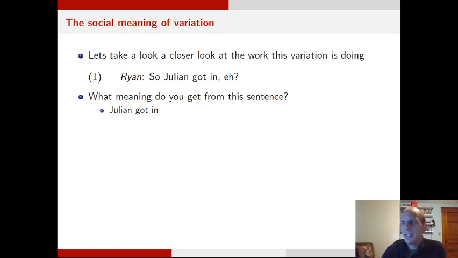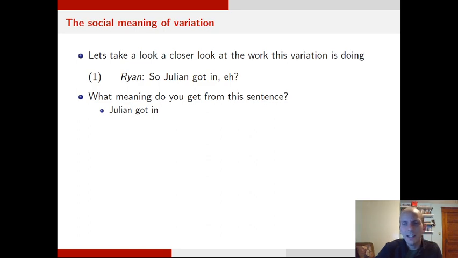Again, presumably into some sort of school establishment, like a college, university, or grad school, something like that. That's one perspective we can have on meaning. It's the more semantic, formal perspective on meaning.